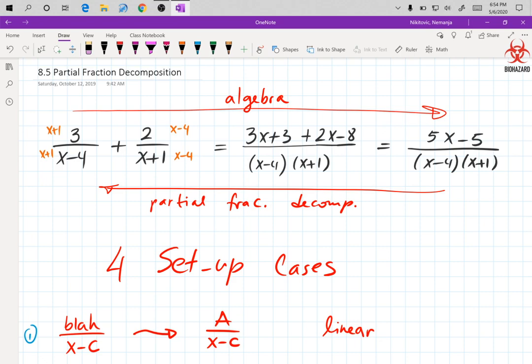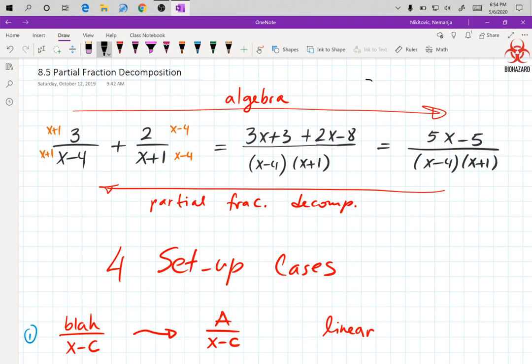You find the common denominator, in this case x minus 4 times x plus 1, and then you cross multiply, right, to get the common denominator together. So x plus 1 is missing on the first, x minus 4 is missing on the second, or just cross multiply, whatever. You get your 3x plus 3 when you multiply these guys. You get your 2x minus 8 when you multiply the other ones. Combine like terms to get 5x minus 5 over this.